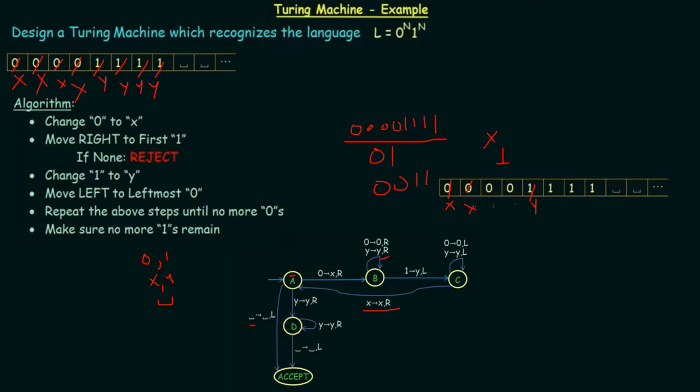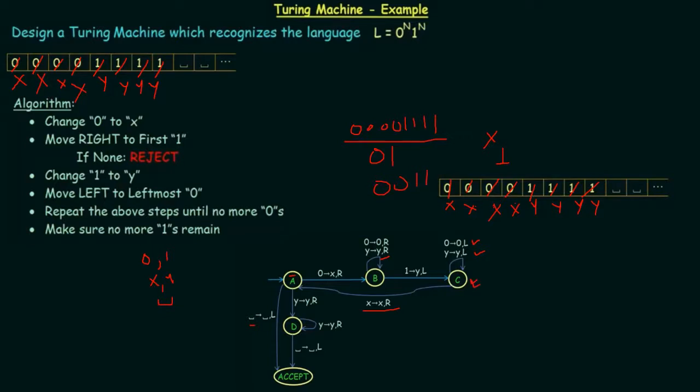Then I will find that there is a 1, so I will replace it with y, and then I will use these two to move back to here. I'll cross this one, then come to here, cross this one, come back here, cross this one. Now I have replaced it with y, and currently I am in C state.